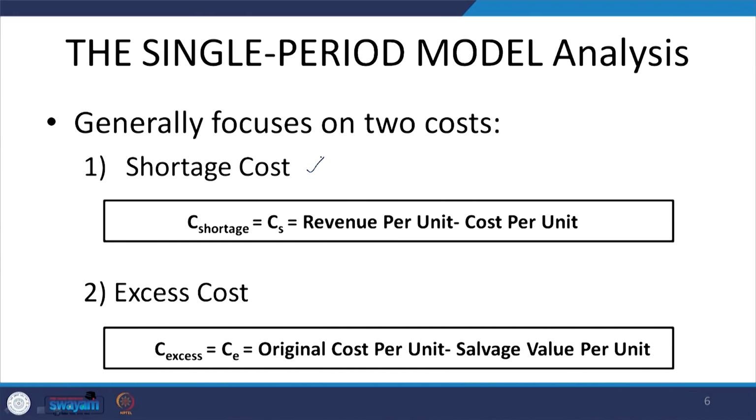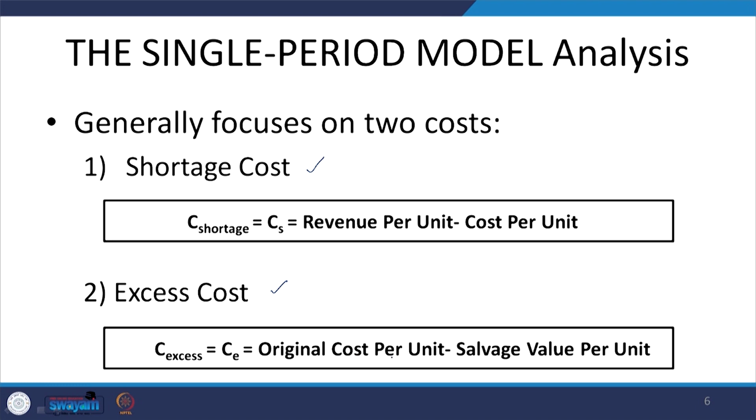So, we have just defined these two costs: the shortage cost, that is the cost of understocking, and the excess cost. We are giving different names, so that whatever book you refer, you should be able to understand our terminology. The shortage cost is also known as cost of understocking, which I am repeatedly using. The excess cost is cost of overstocking. When you have stocked more units, then it is excess cost.